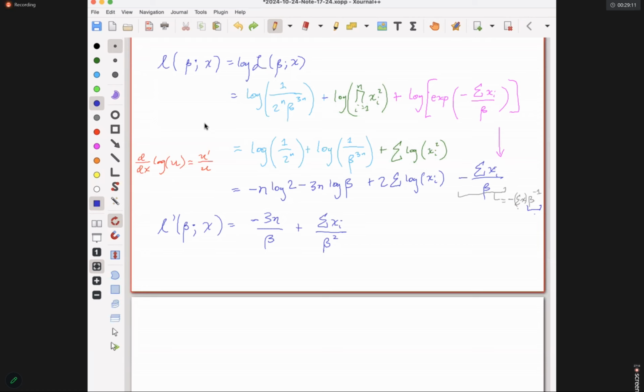So now, what do we do with this now that we have the derivative of the log likelihood?